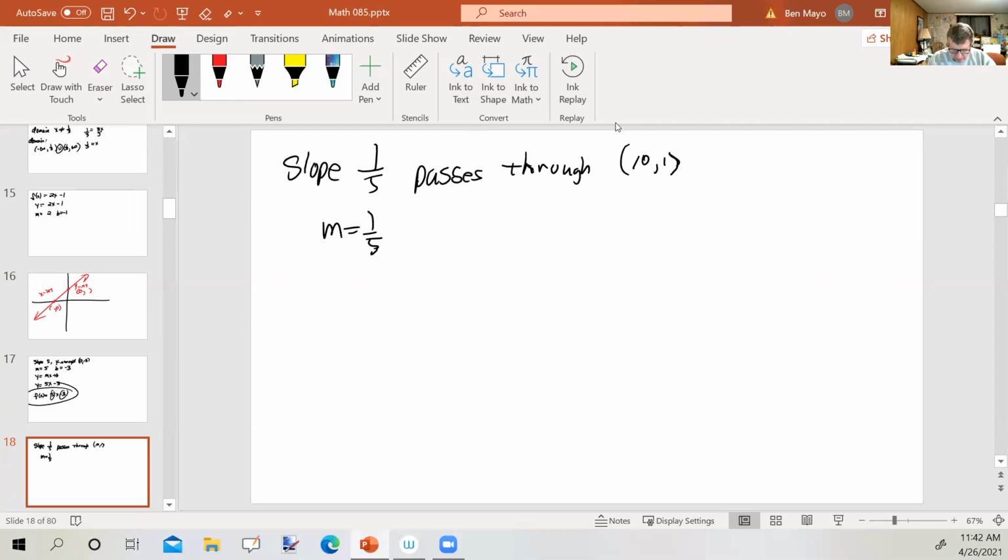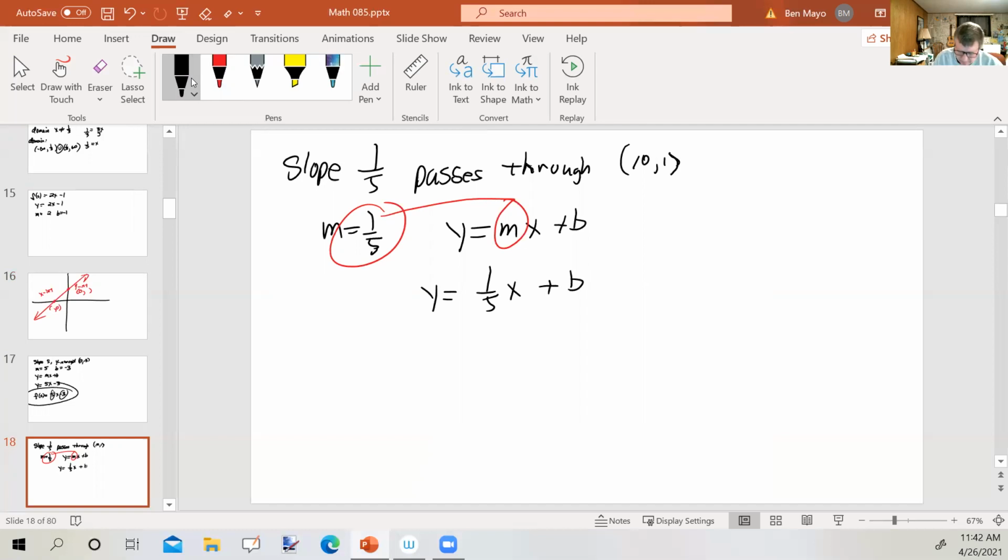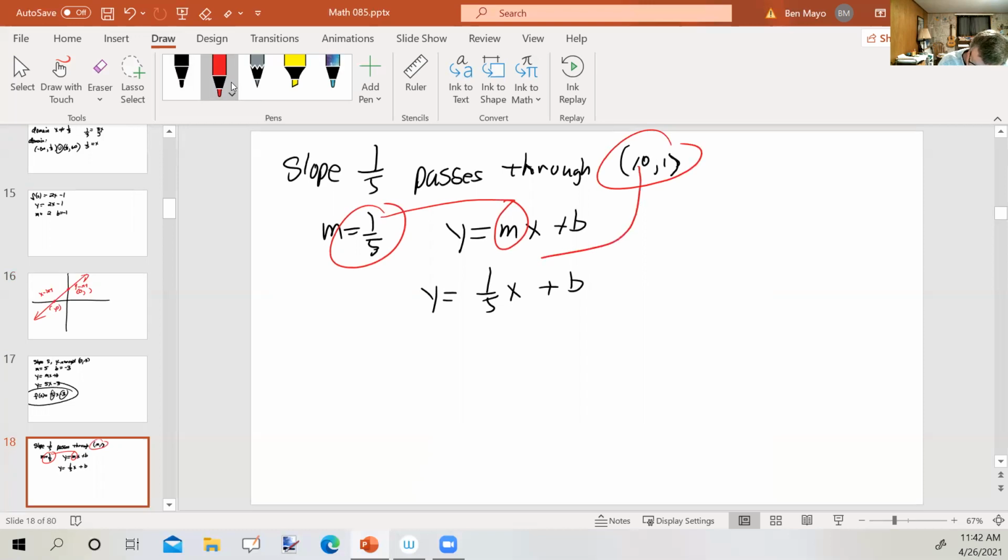Okay? But here's what I can do. Using slope-intercept form, y equals mx plus b, I can take the slope and put it in the place of m. So we get y equals 1/5 x plus b. Okay. Then I can take the ordered pair that I'm given, and the x value is 10, and the y value is 1.